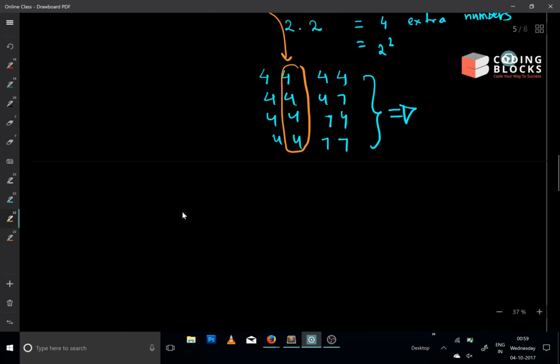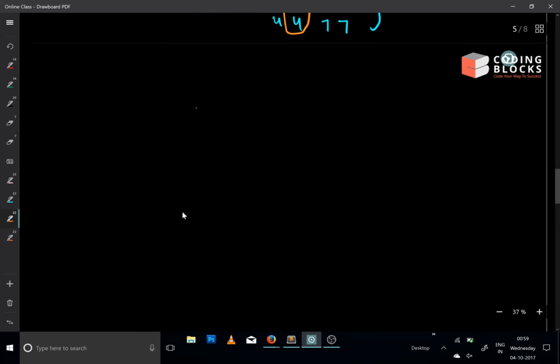So let's try one more example. Let's say the number is 4747. So I know this 7 can be made smaller. So at this position I can have one more choice. So this index is 0, and this will contribute 1 to my answer.